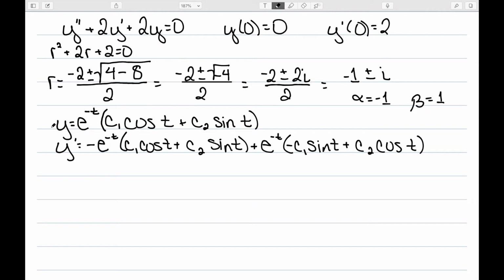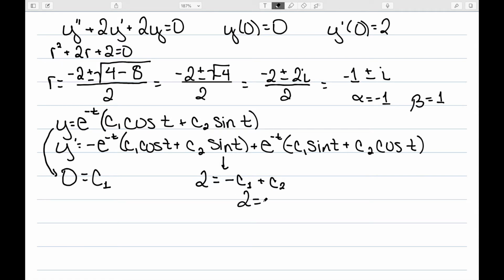Now we know, using our first equation, this is equal to 0 whenever we stick in 0. So that'll be e to the 0, which is 1, c1 times 1 plus c2 times 0. Using this one, I know the derivative is equal to 2 whenever t is equal to 0, so this will be minus 1 times c1 plus 0 plus 1 times 0 plus c2.